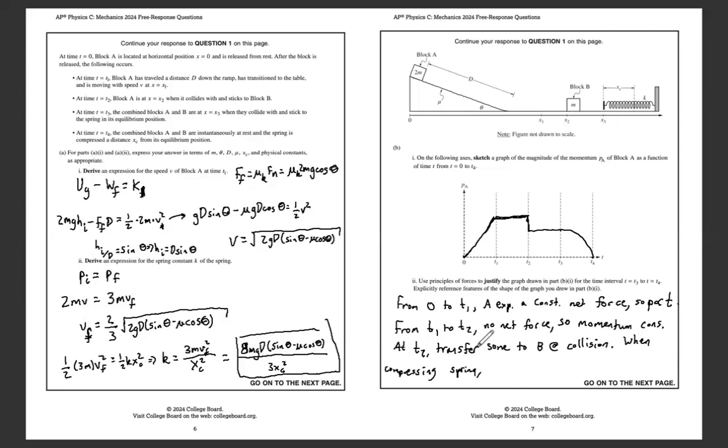You have that the force is actually going to be proportional to sine of t, because this is kind of like simple harmonic motion. So momentum is going to be proportional to a cosine of t then.